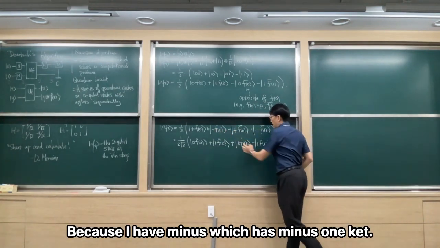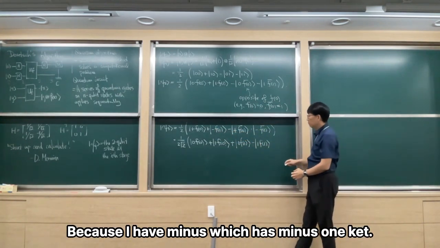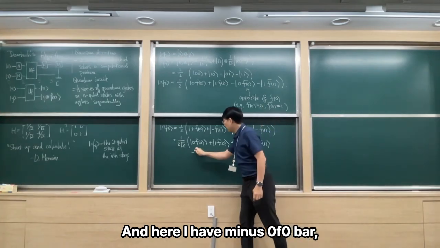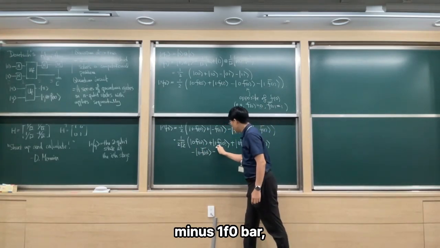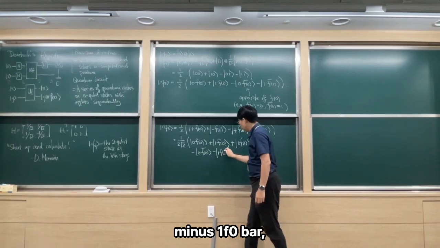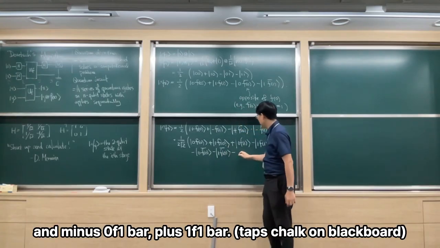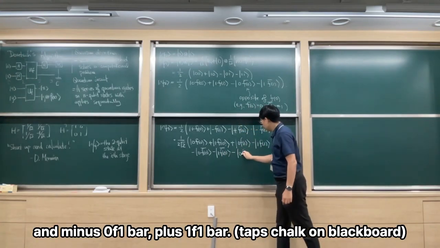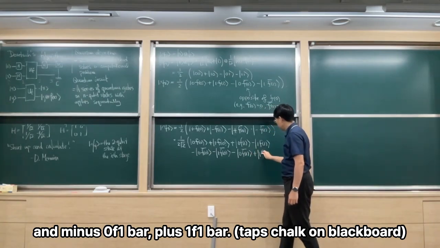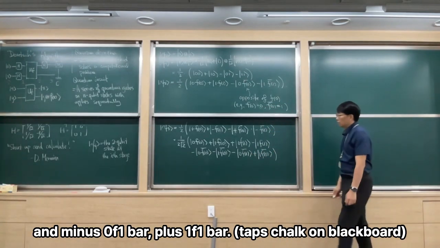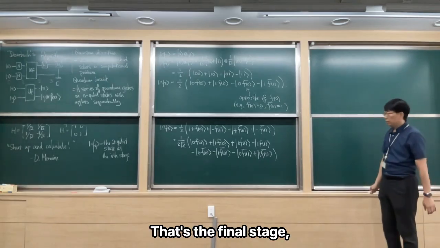Because I have minus, which has minus ket 1. And here I have minus 0, F0 bar minus 1, F0 bar, and minus 0, F1 bar plus 1, F1 bar. So that's the final stage.